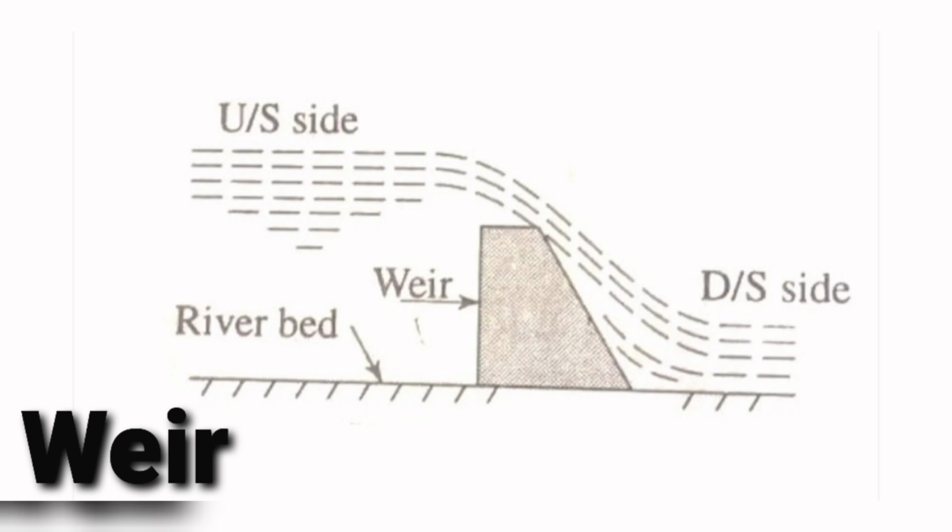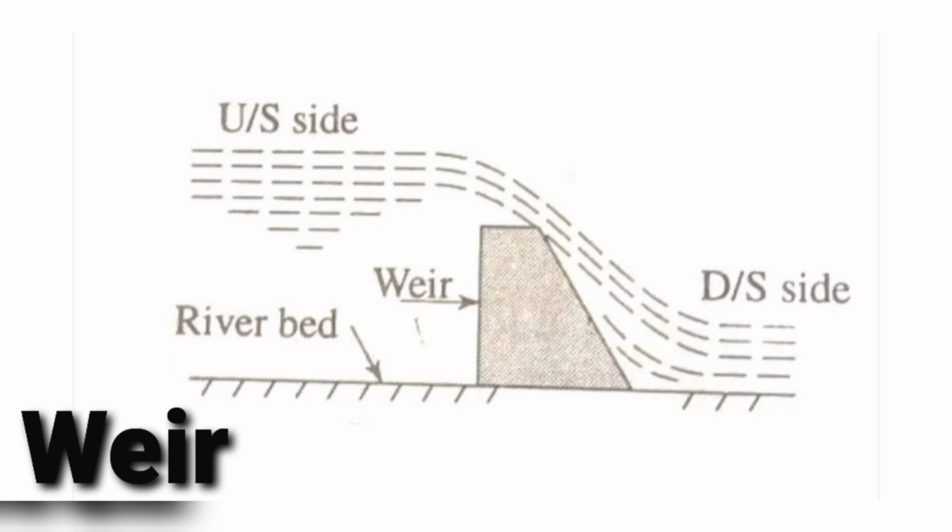The weir is an impervious barrier constructed across the river to raise water level on the upstream side such that the water level raises up to the required height. In weir, what we do is we construct a barrier across the river or the water body so as to raise the water to the desired height.